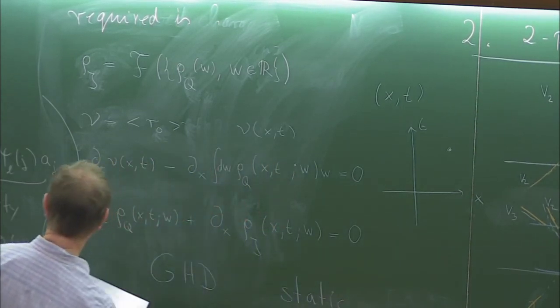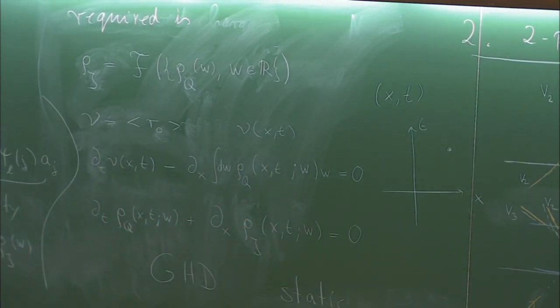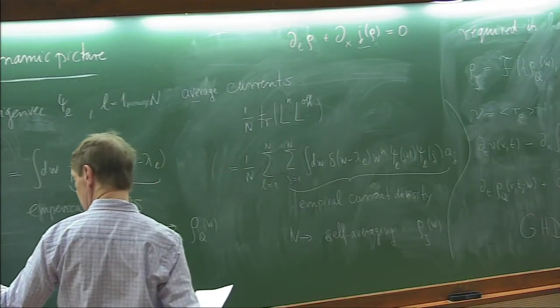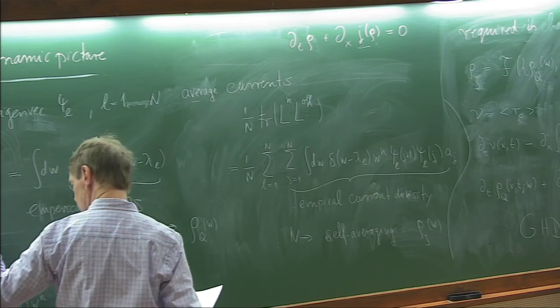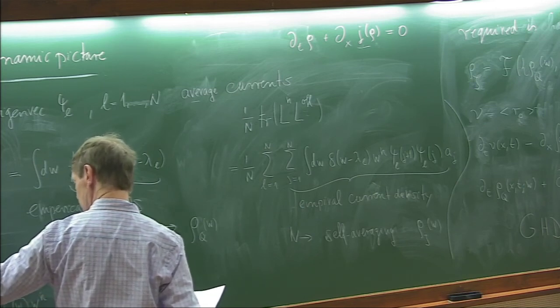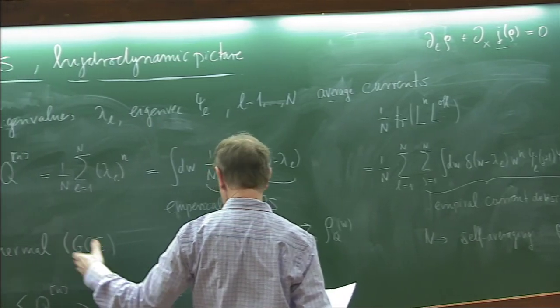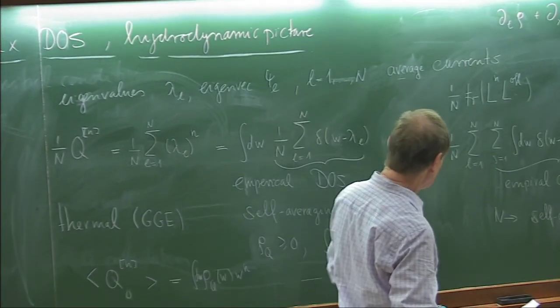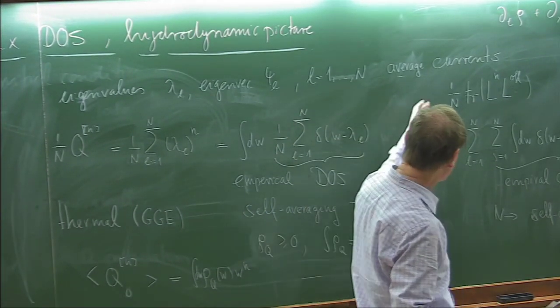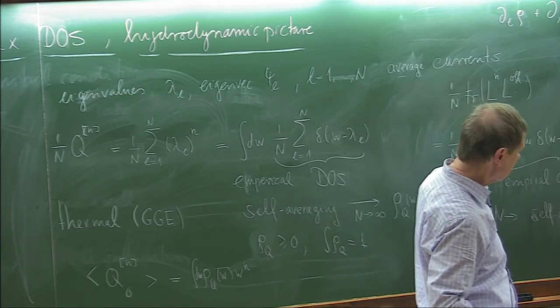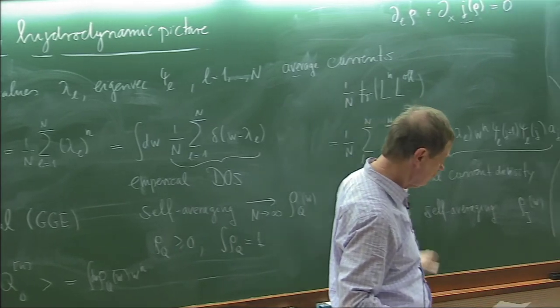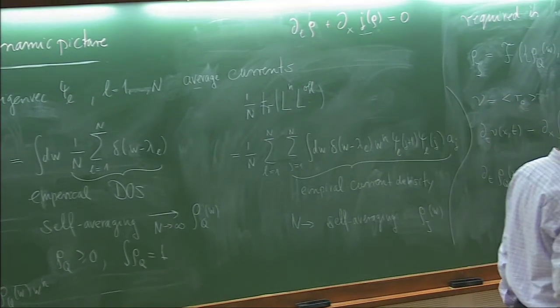When you look at these things, for instance in the thermal state or later, and we actually need the GGE, these are computations without any dynamics. We just have to solve this statistical problem and figure out what the empirical densities of this Lax matrix are. So this will occupy tomorrow for quite some time.